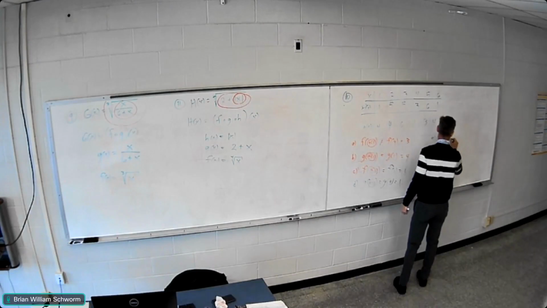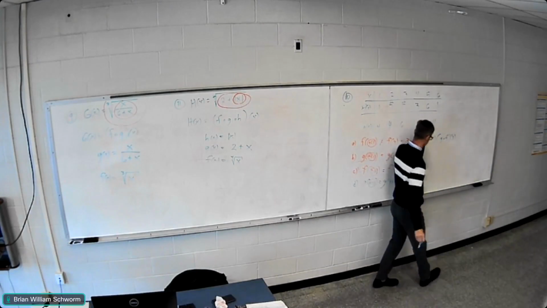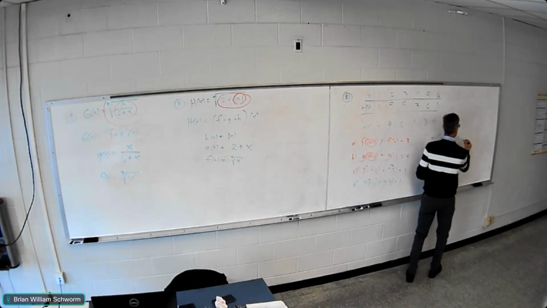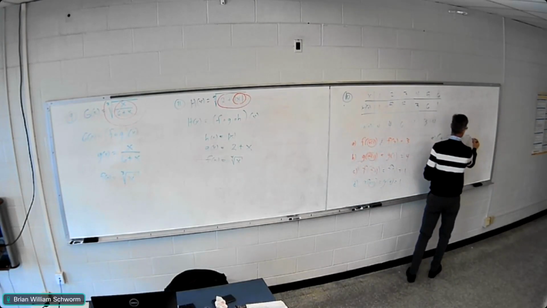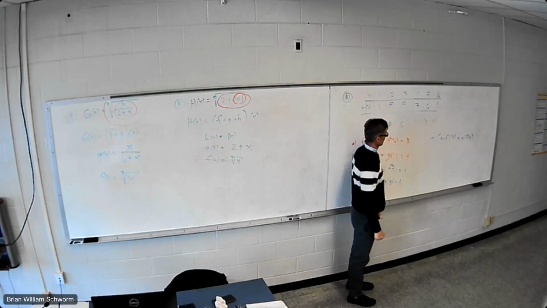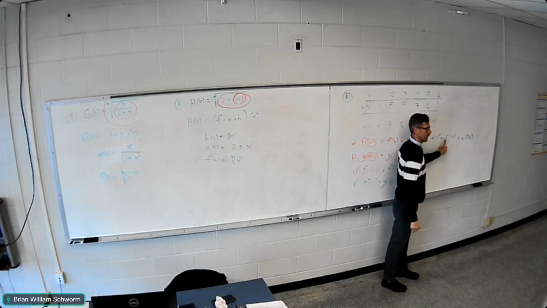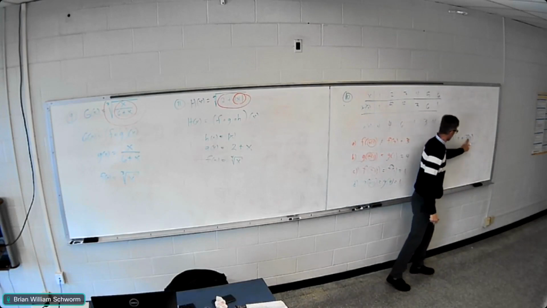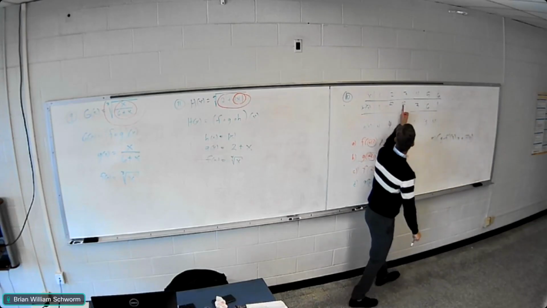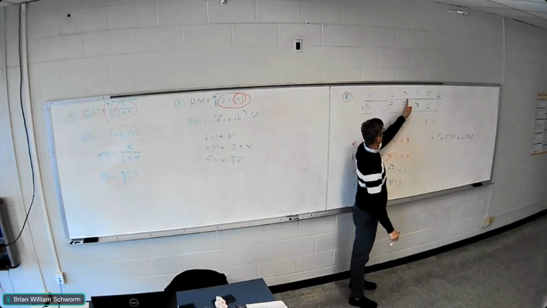G of F of 3. Well, what that means is G of F of 3. So I take 3 and plug it into the F function. The X value is 3. What is the F value? 5.